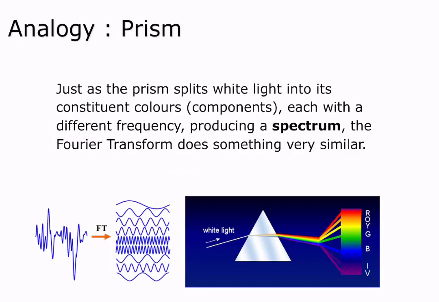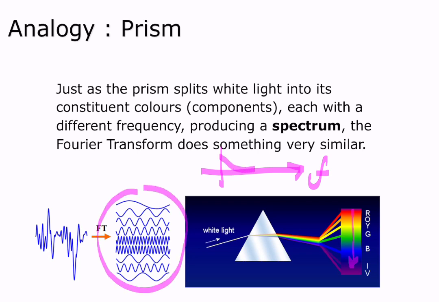Again, a little bit of an analogy. If you think of the colors that make up white light, again, you can think of it as being a continuous spectrum, and the frequency axis for a Fourier transform will be continuous.